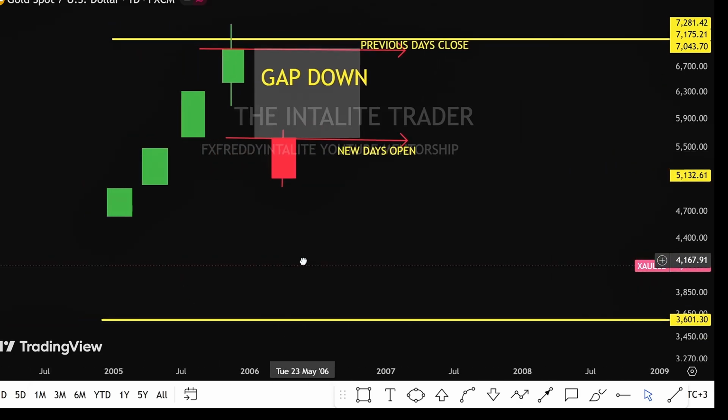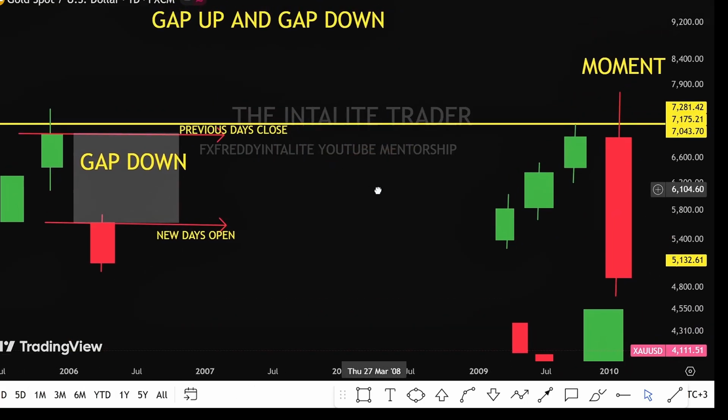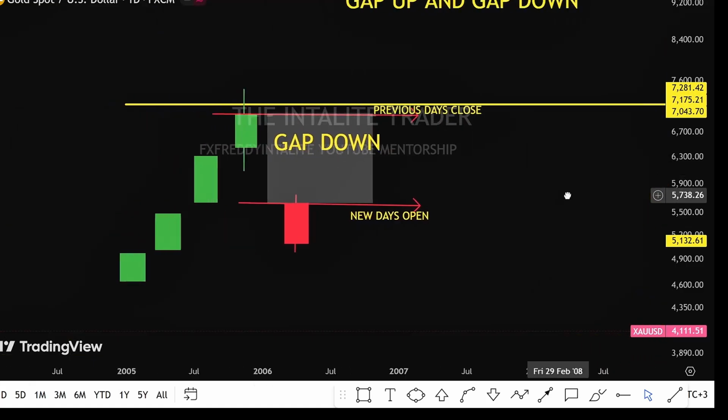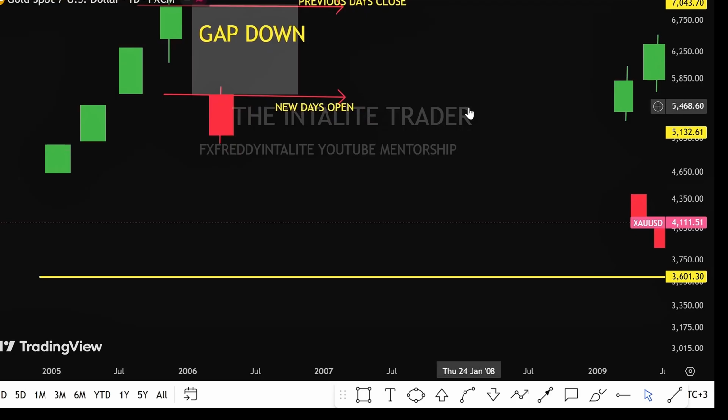If it is in an uptrend and it is occurring at a key level, price can gap up, it can gap down. And the same thing can happen here, where you have price gapping down into a key level.